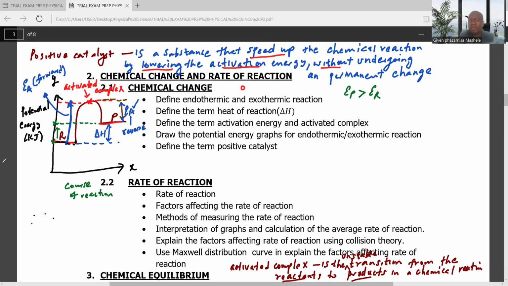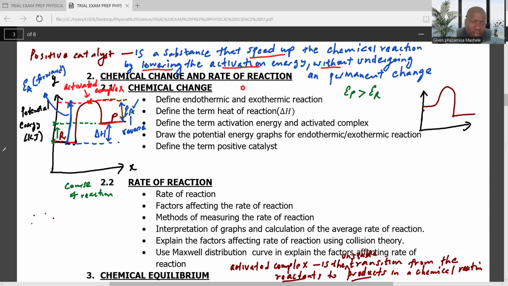So you need to be able to analyze potential energy graphs. And again, ladies and gentlemen, for an exo, it's a different case. For an exo, you have something like this. Products are now less than the reactants.